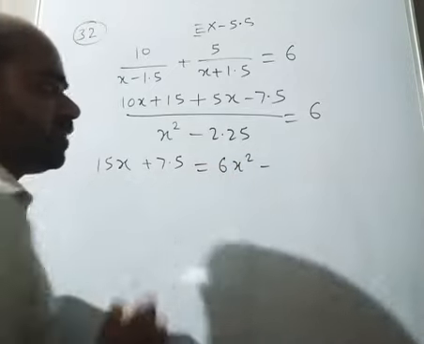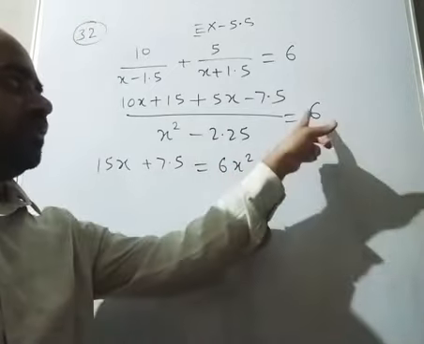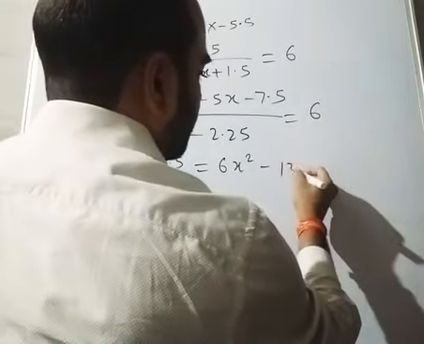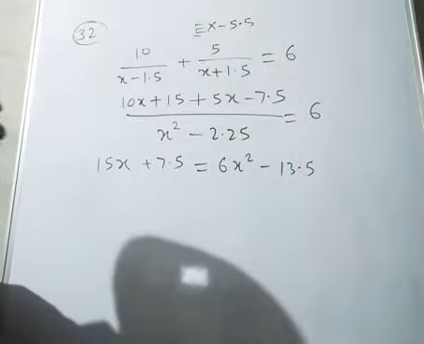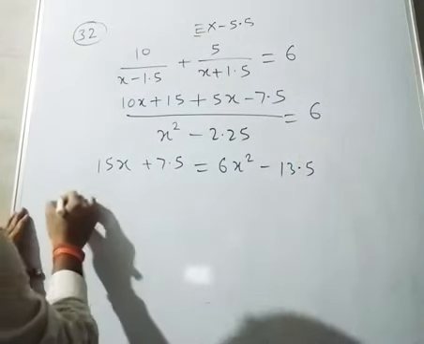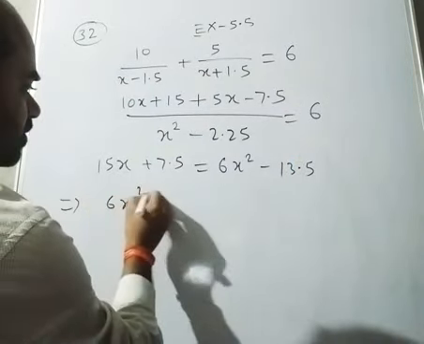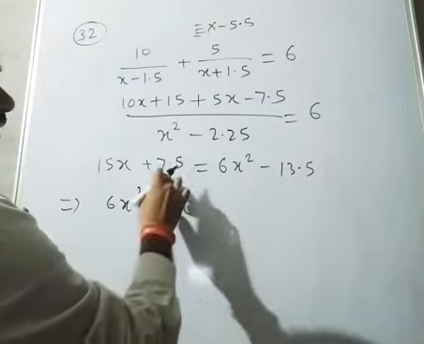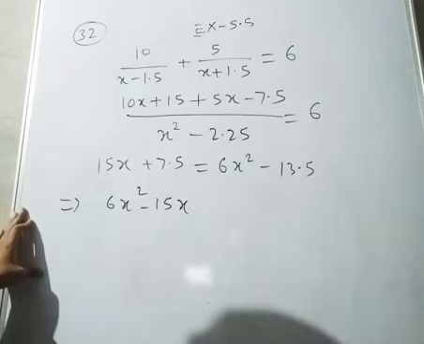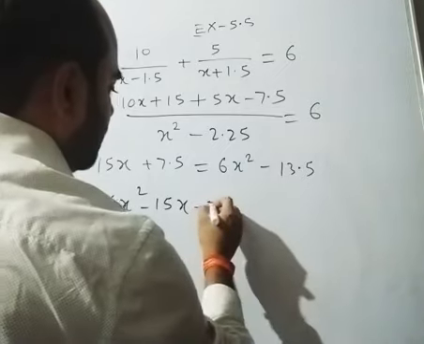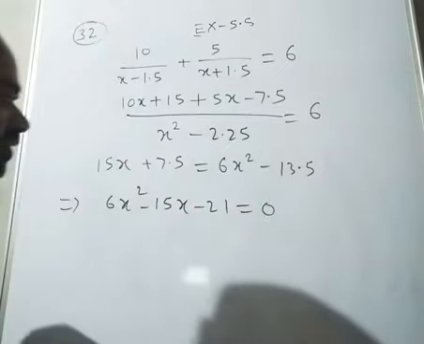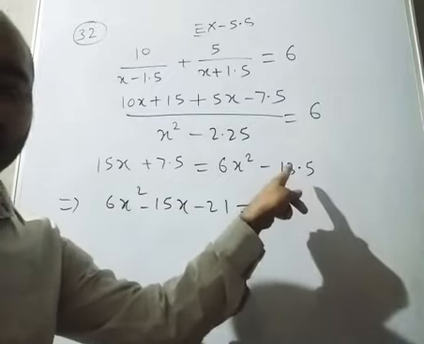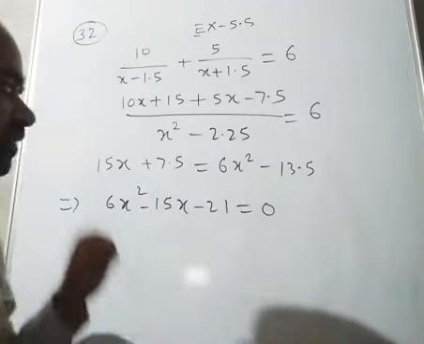Cross multiplication: 6 into 2.25 will come 13.5. Correct. Now the final equation will be 6x square minus 15x minus 13.5 minus 7.5, that is 21, is equal to 0.